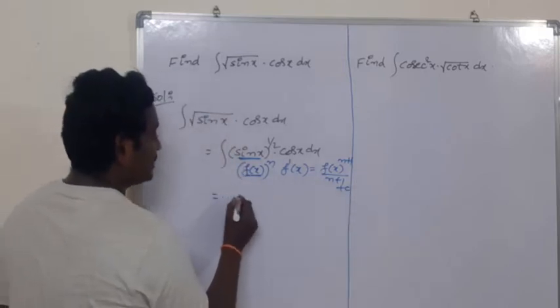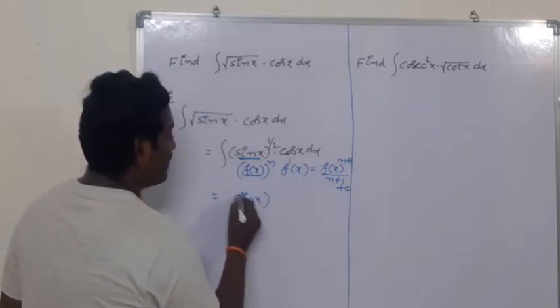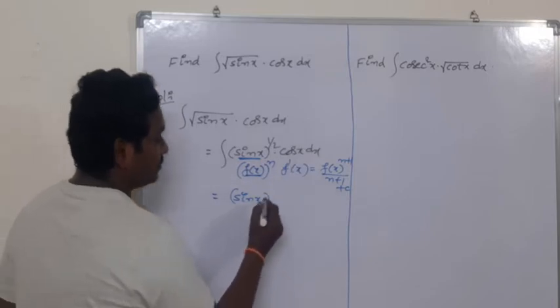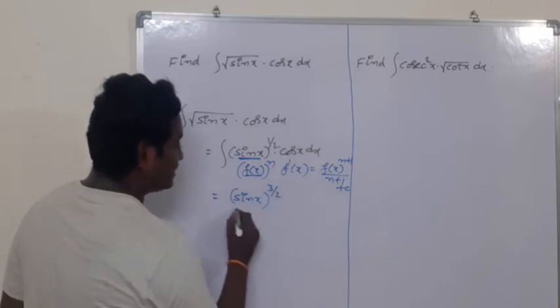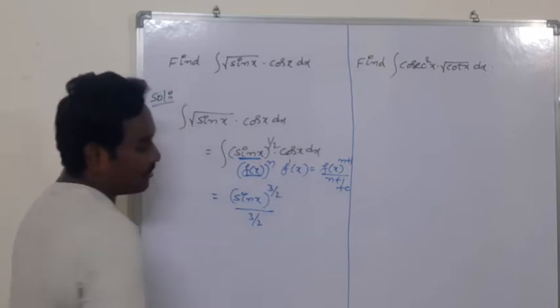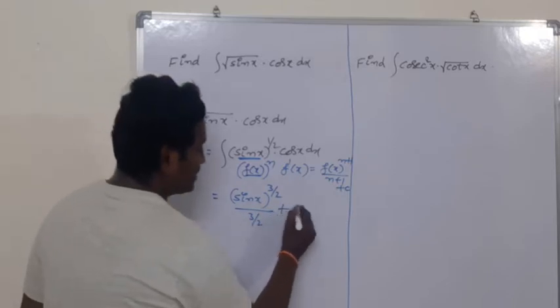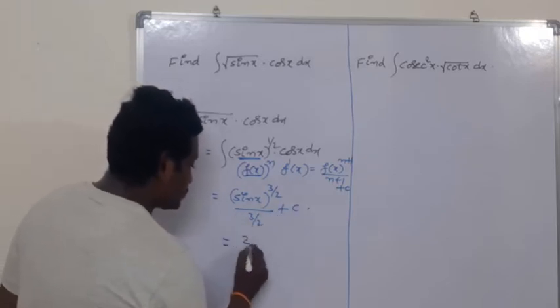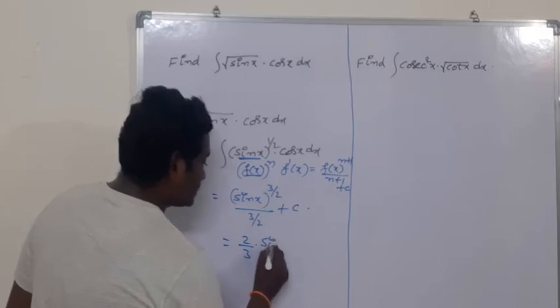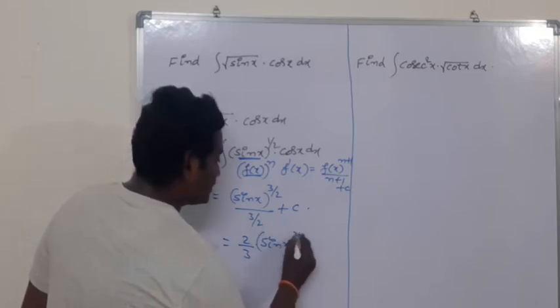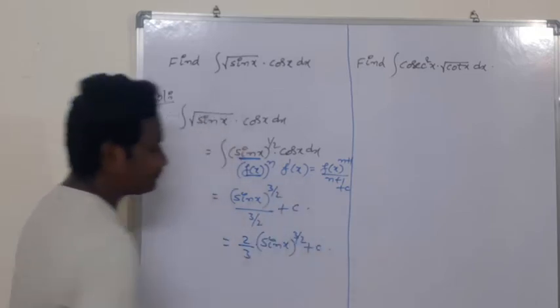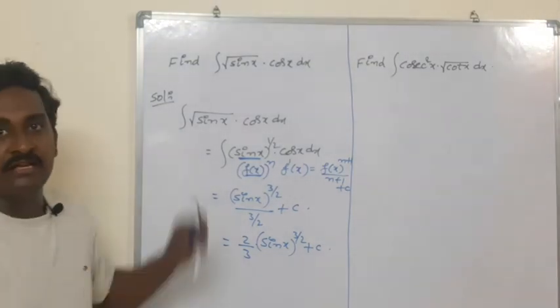So you will get sin x whole power 1 by 2 plus 1. 1 by 2 plus 1 is nothing but 3 by 2, by a similar denominator 3 by 2, plus c. It can be written as 2 by 3 into sin x whole power 3 by 2 plus c. This is the result of the given integration.